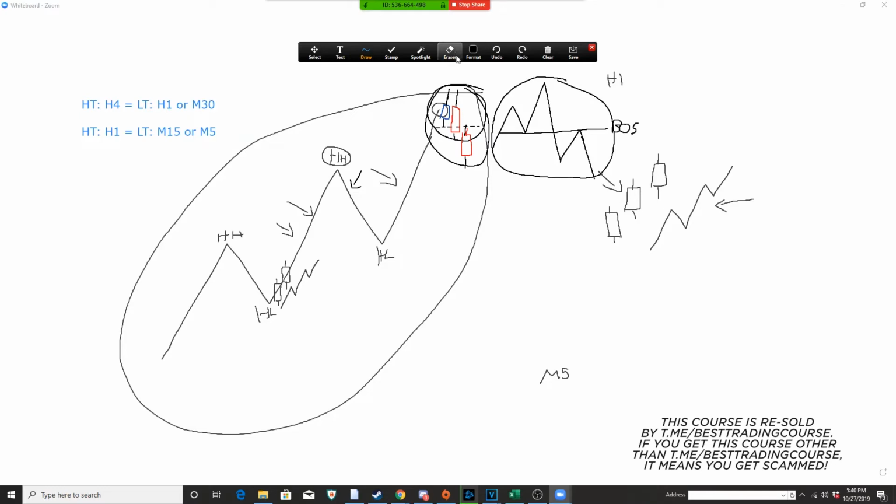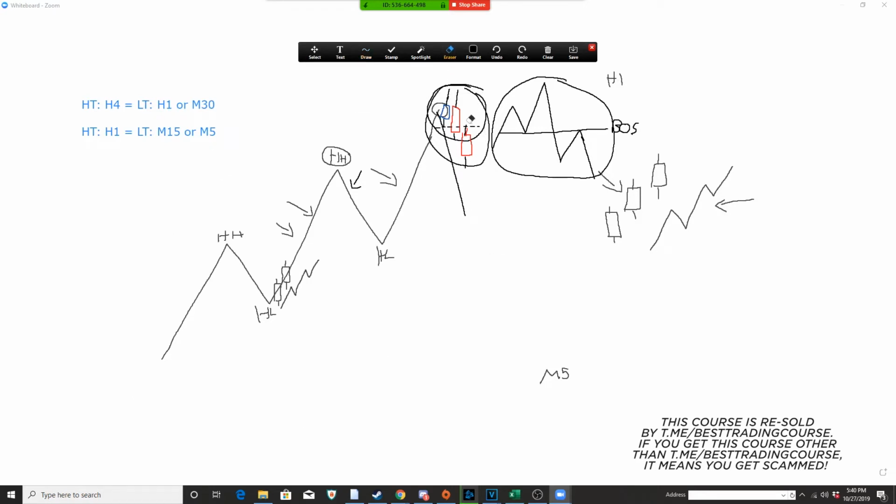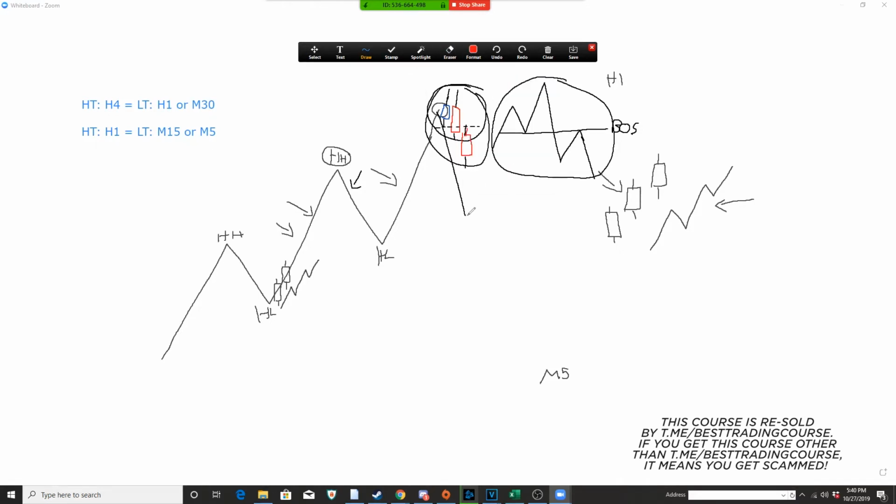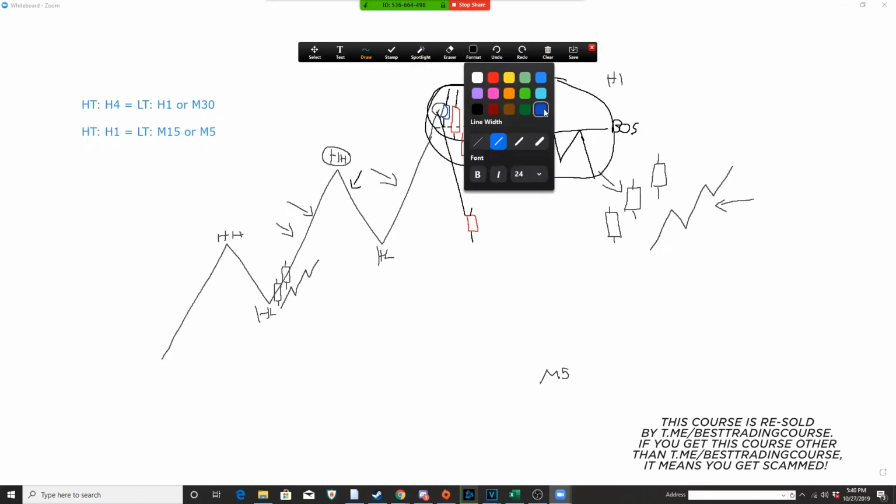Now, once price comes down to form a higher low, and you see this, you have a bearish candlestick here, maybe with a big wick to the downside, maybe you're at a pure Z level, a bunch of other confluences that you're going to learn later on in the course, right?